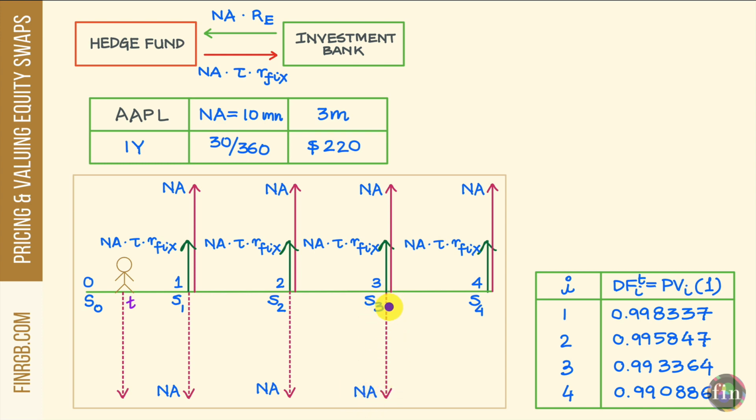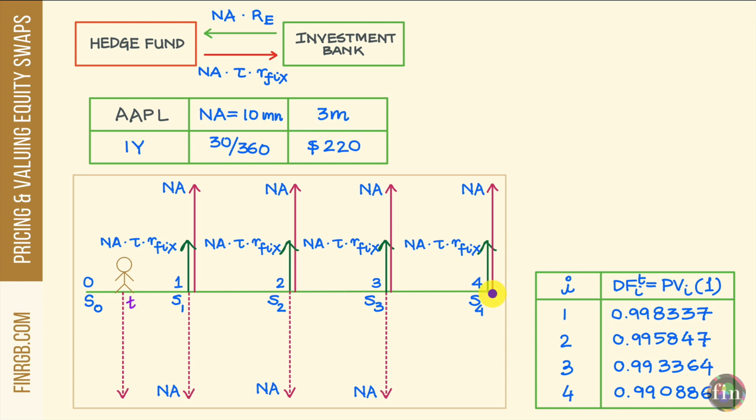For each liquidation value, my investment bank will invest these many dollars at the corresponding point in time. Okay, these are my 3 planned investments to take care of these three liquidation values to be handed over to the hedge fund.